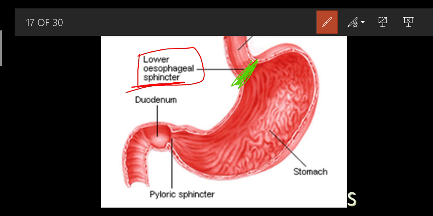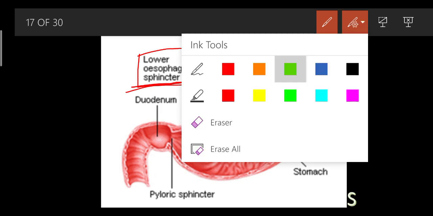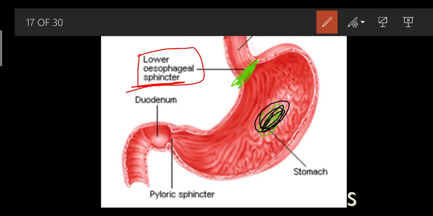Suppose you have eaten food which is there in your stomach, so this food should not go back into your esophagus. If in some condition the food which is present in the stomach travels back into the esophagus, and from the esophagus it comes out from your mouth, this is called vomiting, and this is also called antiperistalsis.